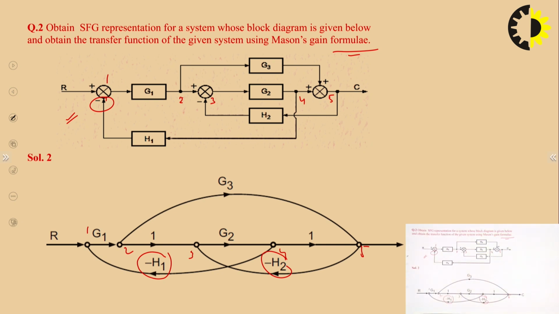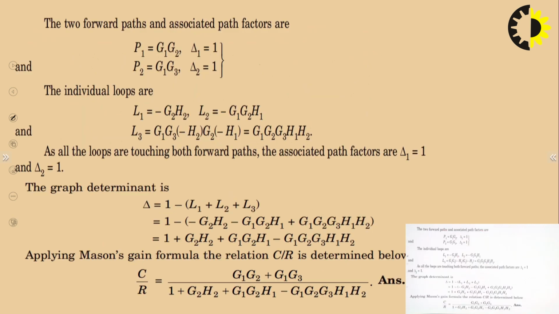Now in this particular question, how many forward paths are present? One forward path is G1, G2. Another forward path is G1, G3, and there is no other forward path. So P1 equals G1, G2 and P2 equals G1, G3.